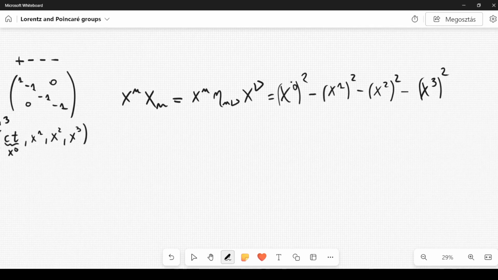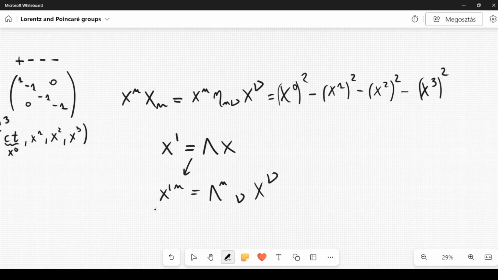Now, if we consider a Lorentz transformation, we are going to label the transformation like this. So x' is equal to Λ, capital lambda, x. So if you want to see this in components, it would be x'^μ equal to Λ^μ_ν x^ν. So this is the same as this without writing down the indices explicitly.